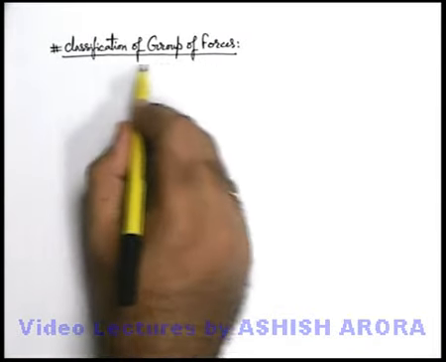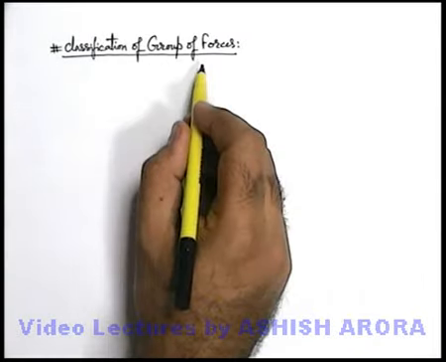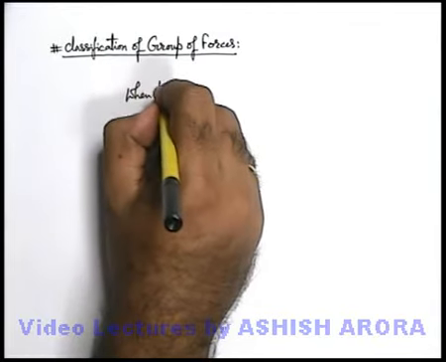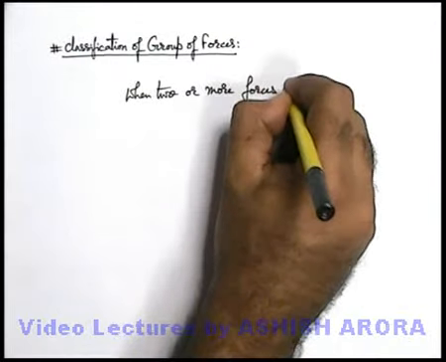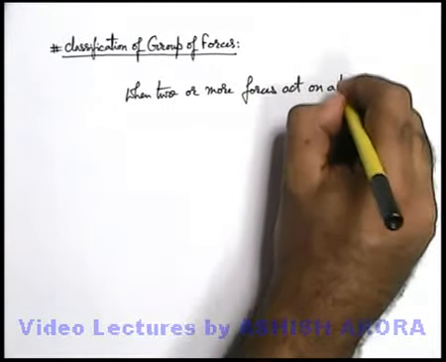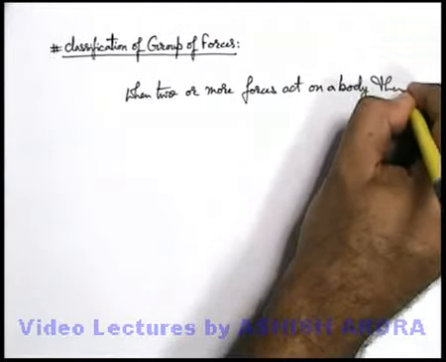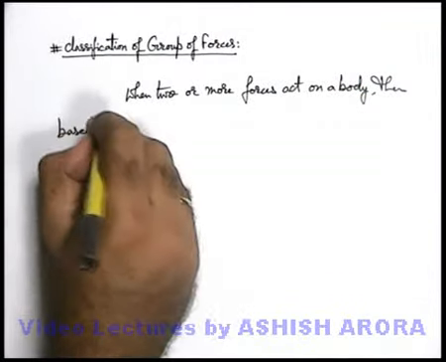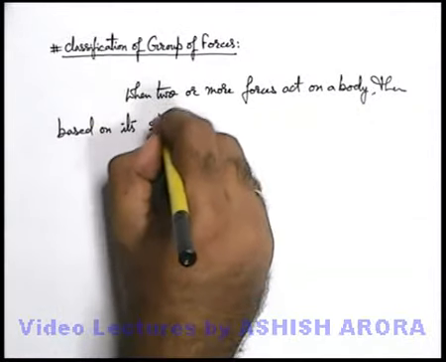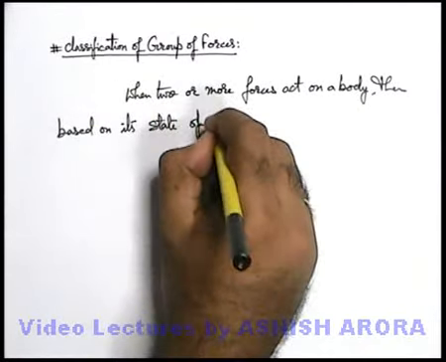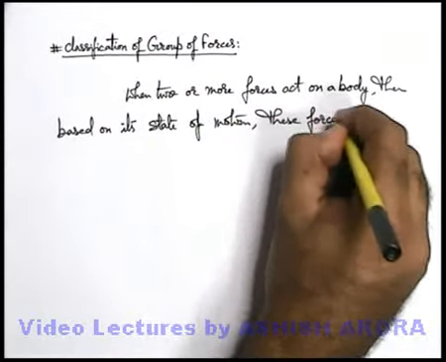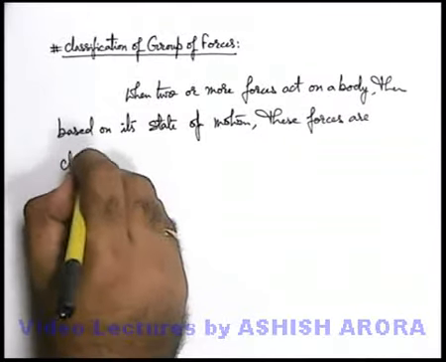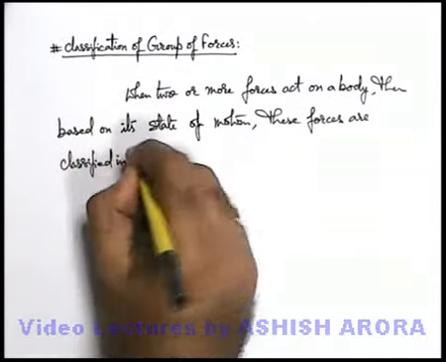Let us discuss the classification of group of forces. Group of forces means two or more forces. So we can say when two or more forces act on a body, then based on its state of motion, these forces are classified in two categories.